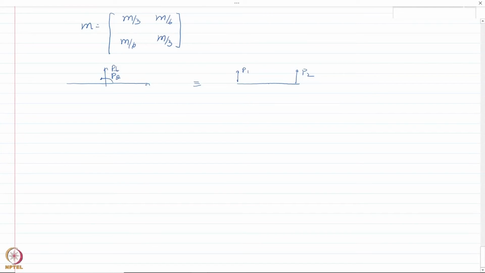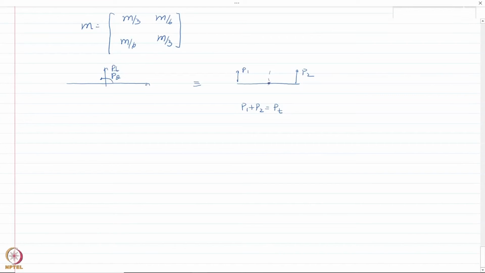So let us go ahead and write down the equation of motion. In this case, let me first write down P1 plus P2 is equal to Pt. Because if you consider the same thing, at this point the net resultant force is P1 plus P2.